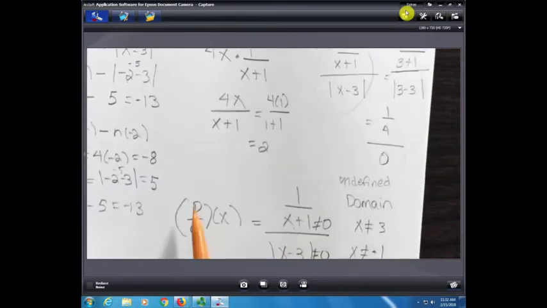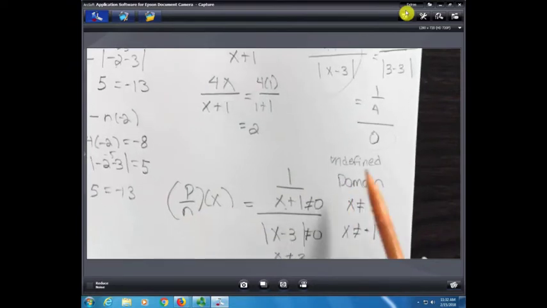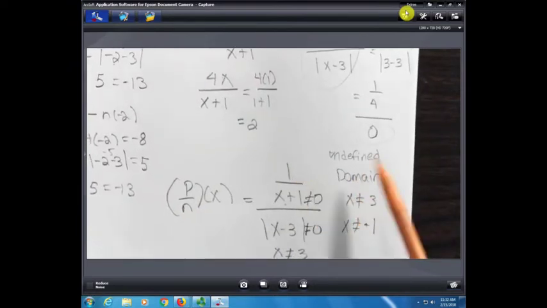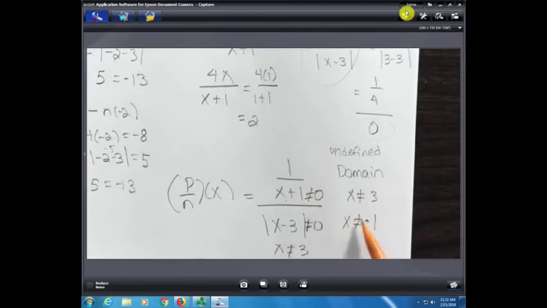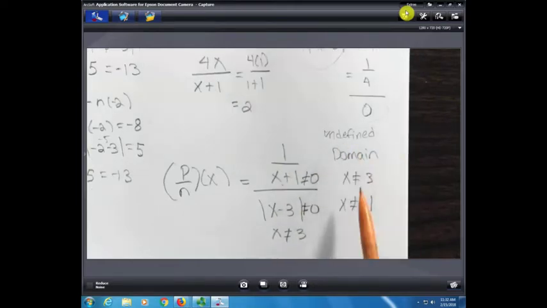And this is what I mean by when you have two functions, you have to take into consideration the domain of both of them when you're combining them into one function. So for this one, I cannot have a negative 1. Again, it'll give me a 0 in the bottom of a fraction. But I also cannot have a positive 3. It will give me a 0 in the bottom of a fraction. So this domain needs to exclude 3 and negative 1.